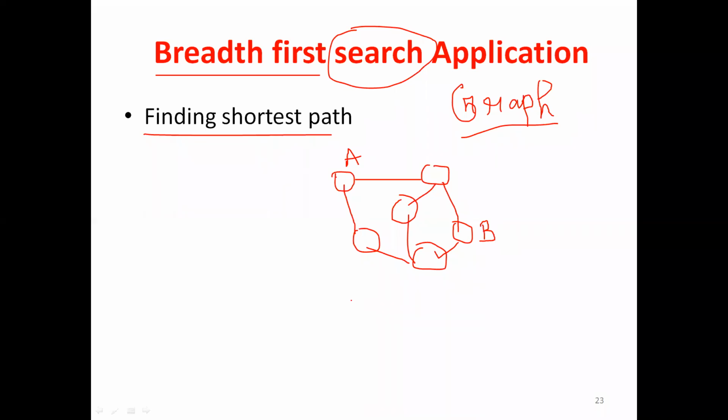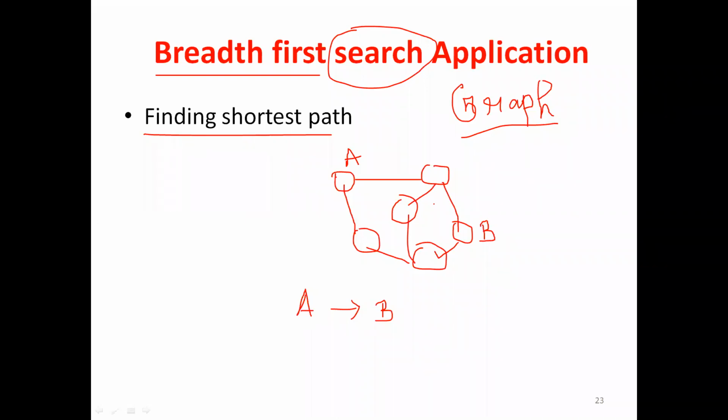What is the shortest path? It means, for example, consider in a flight we have some number of cities. This is Bangalore, this is Chennai, or this node is for Delhi. Each and every node represents a city.